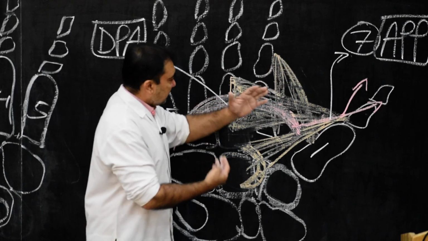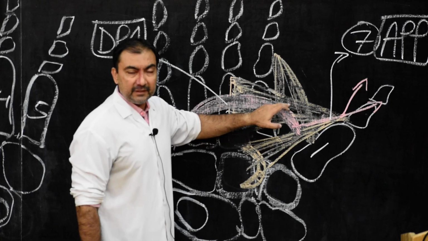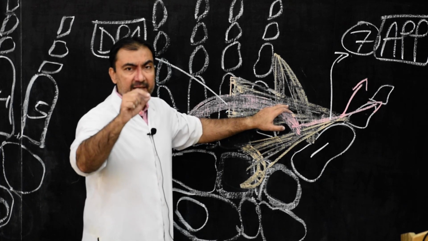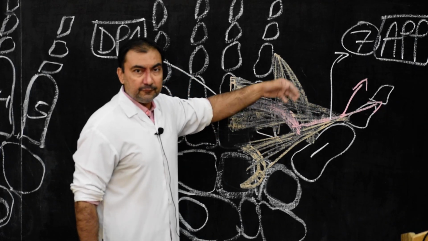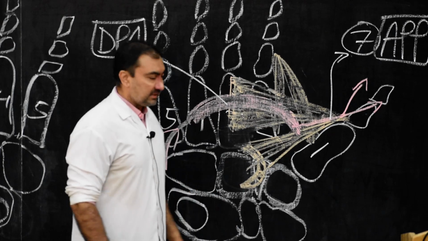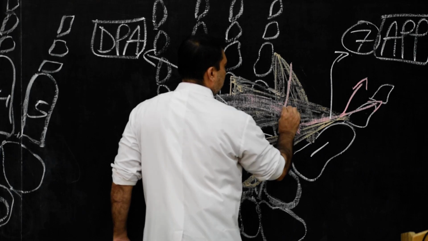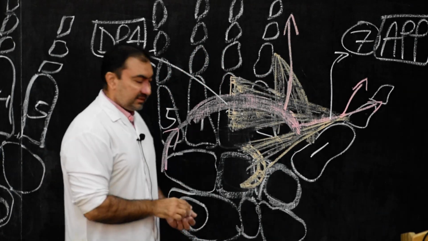This is the palm, and the palmar side of the muscle is the transverse head of adductor pollicis. So the last branch of the radial artery will be lying between the transverse head of adductor pollicis and the first dorsal interosseous muscle, and therefore this branch will be known as arteria radialis indicis.